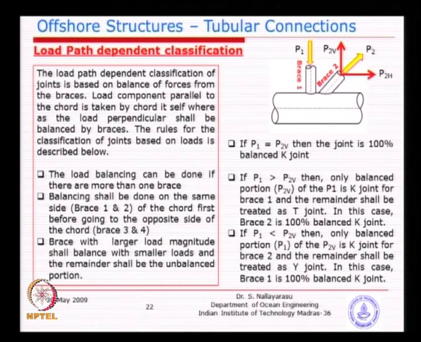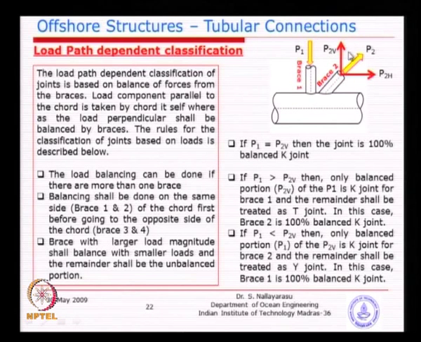Now, if they are unequal, that is where the problem is, because even after finding the normal component, P2V may be larger or P1 may be larger. So, we have two cases. In the first one, P1 is greater than P2V, P1 is larger and P2V is smaller. We find out the amount that is balanced.